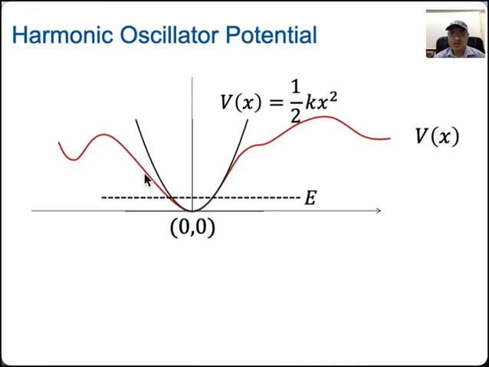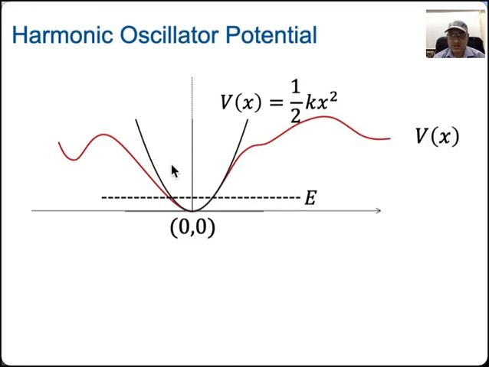So this is what I have said: this is your arbitrary potential. If you are at this minimum, with x0 equal to 0 and V0 equal to 0, I have shifted the origin, and if you are just a small displacement away from this equilibrium, you can see that I am allowed to represent this arbitrary shaped potential, for which I don't know the mathematical form, in the form of the harmonic oscillator potential.